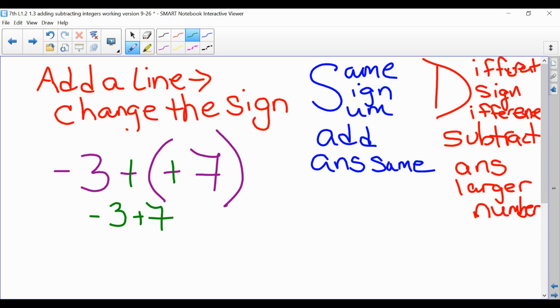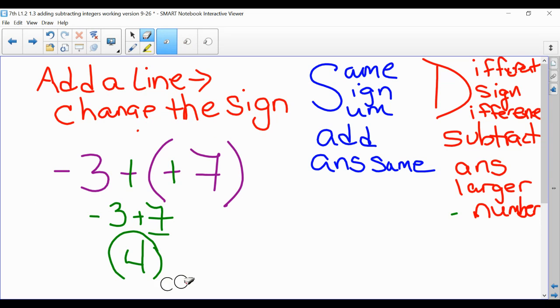Those are different signs, meaning I'm going to find the difference, or I'm going to subtract the two numbers. 7 minus 3 is 4. And the answer gets the sign of my larger number. So 7 is larger, that is positive. That means my answer is a +4.